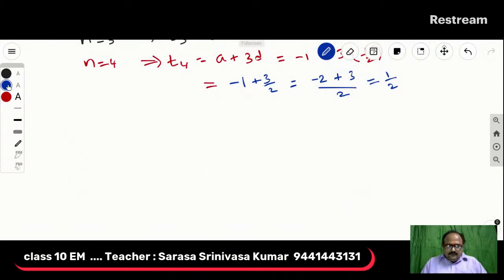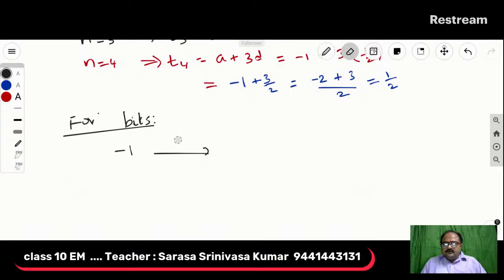Now for bit paper, how do you answer this question? For bits, we just note down -1. Then to -1 we add 1 by 2 each time. If we add 1 by 2, it becomes -1 by 2. After this, if we add 1 by 2, it is 0.